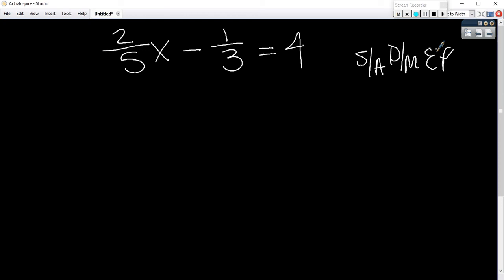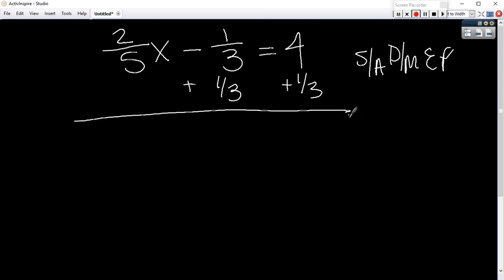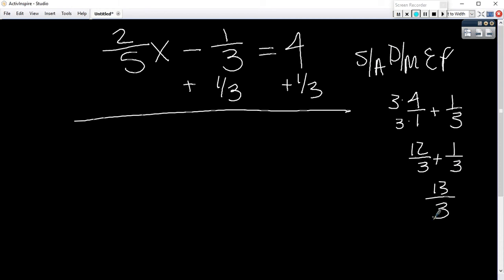What do I do first? You're going to add 1/3, exactly. Because I'm doing my addition subtraction first. So I've got 4/1 plus 1/3. 3, need to multiply by 3 because that's my least common denominator. If you have your calculator, you certainly may do this on your calculator. 13/3? Yes? No? Maybe so?